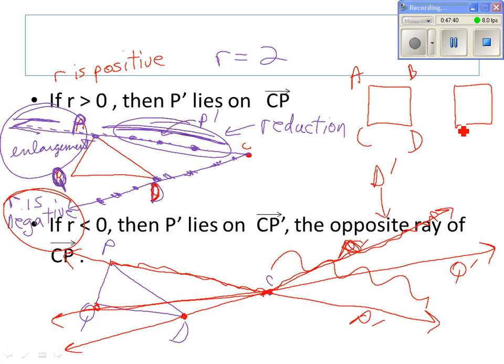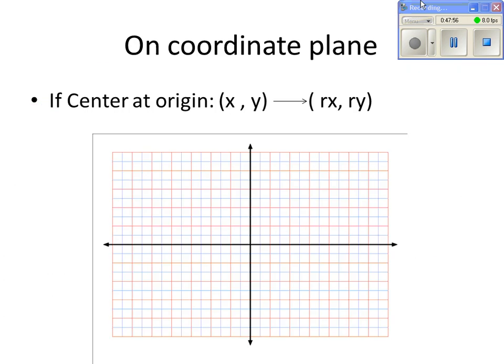B prime. It's going to flip it over. So when you have a negative scale factor, it takes the shape, goes through the center, and flips it over.